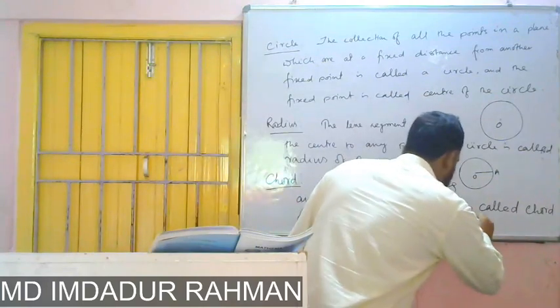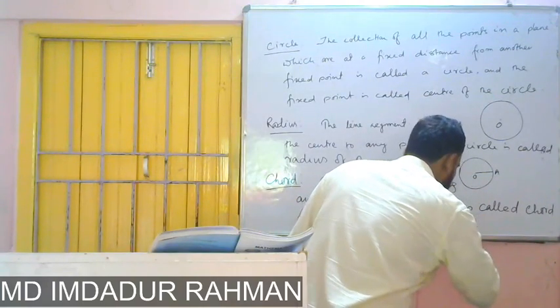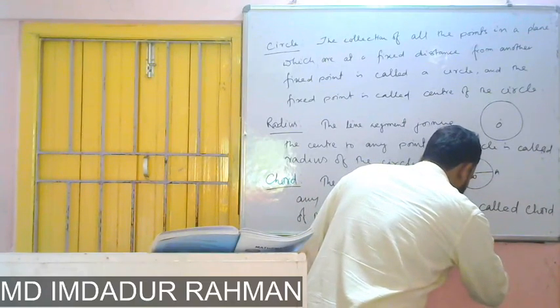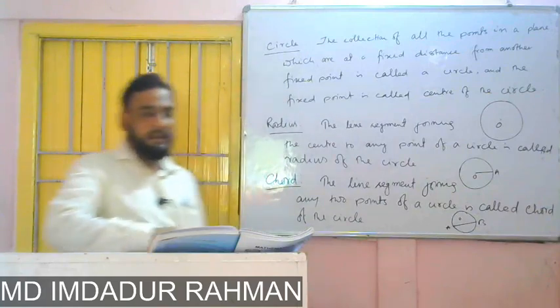So here I am drawing the chord of the circle. AB is the chord of the circle.